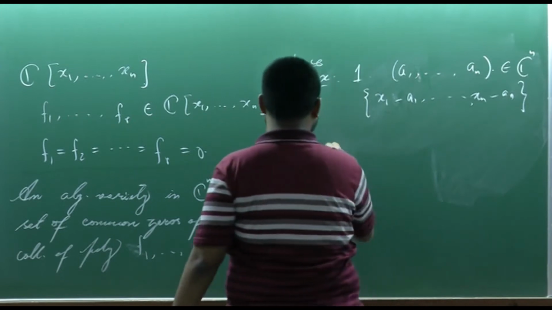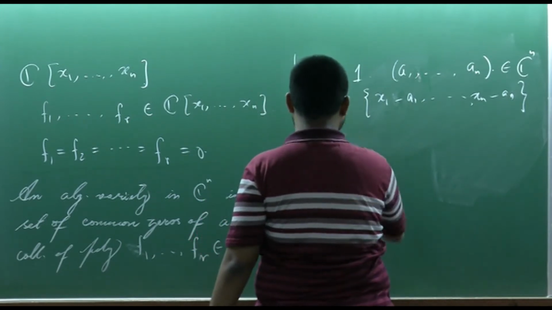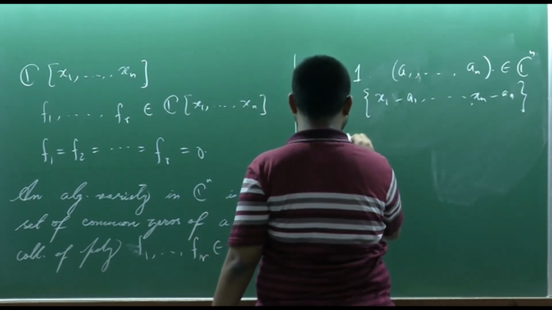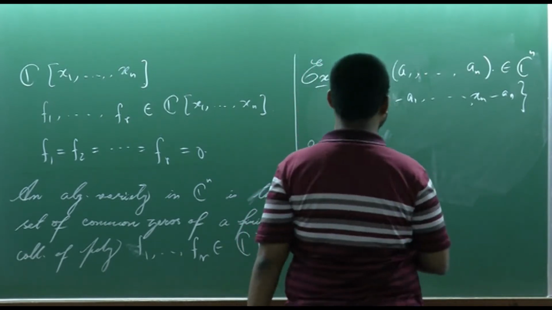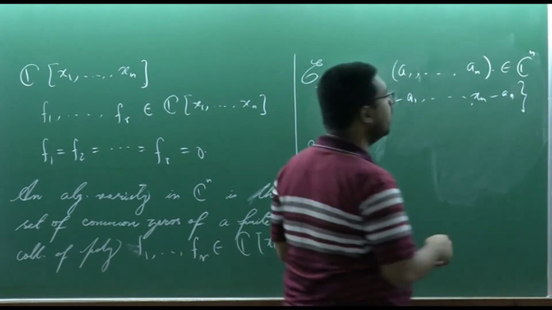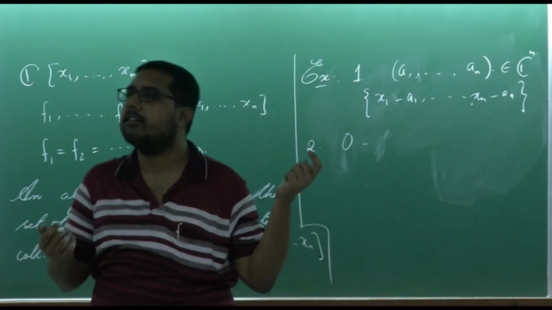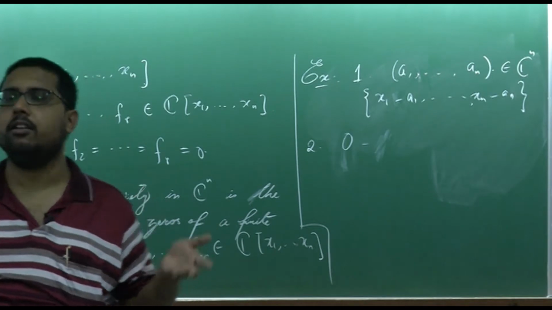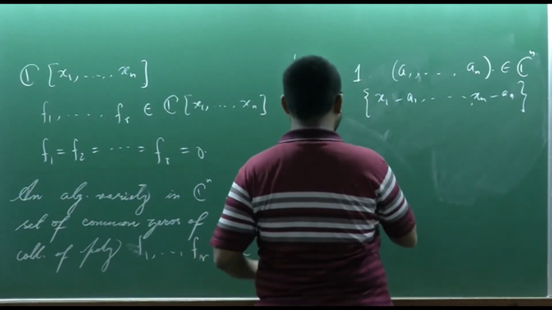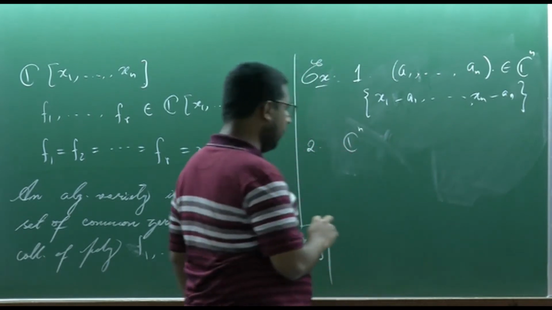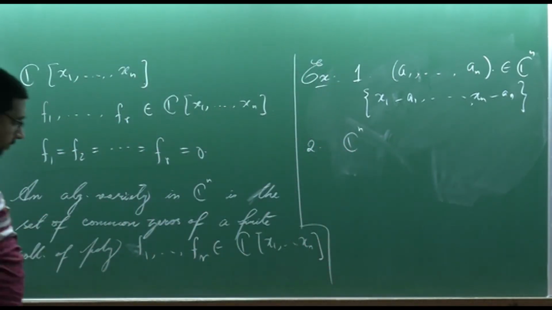Another extreme case: if I take the 0 polynomial, then what are its zeros? Any point in Cn trivially satisfies this. Therefore Cn itself is a variety.